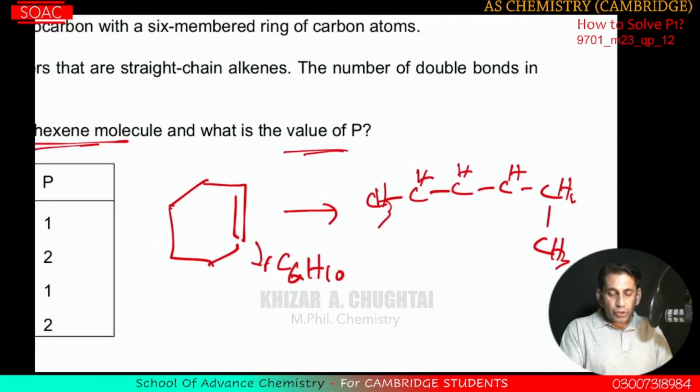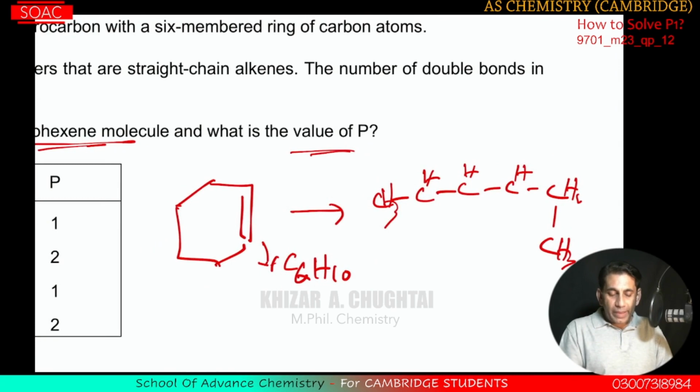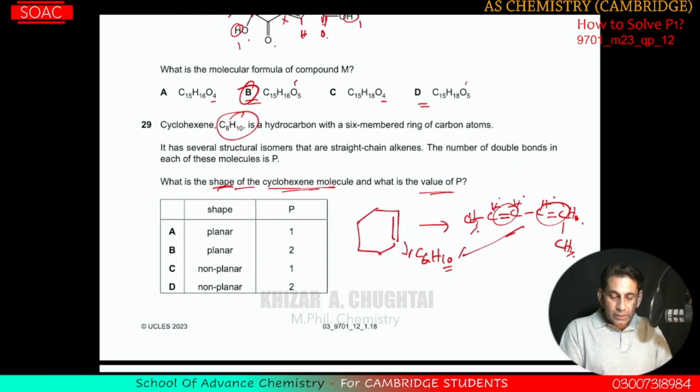So I will have to put at least 2 double bonds to make hydrogen equal to 10. If I put a double bond over here, now the hydrogen is 3, 4, 5, 6, 7 plus 3, 10, yes. So at least 2 double bonds should be there to fulfill its formula, C6H10. So P is equal to 2. This molecule is having at least 2 double bonds.